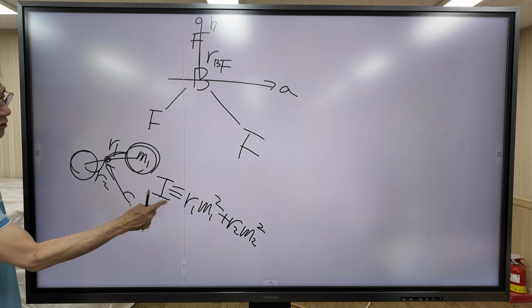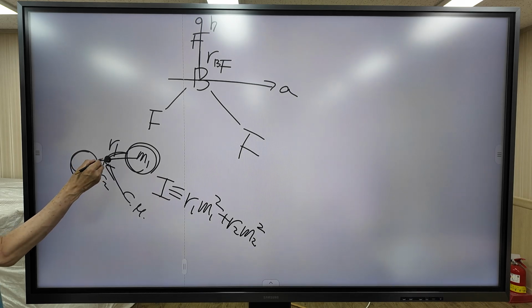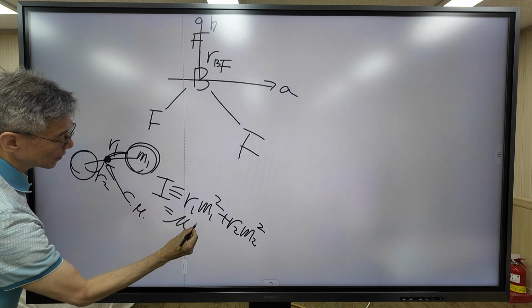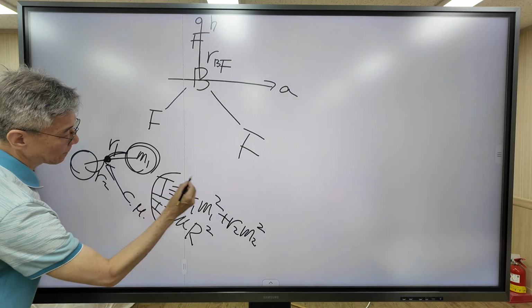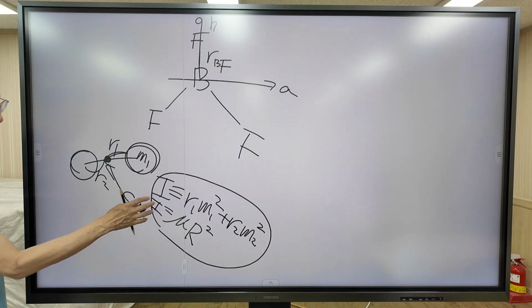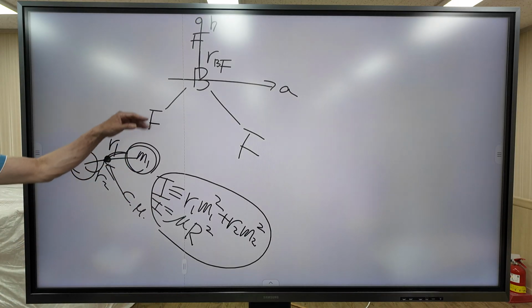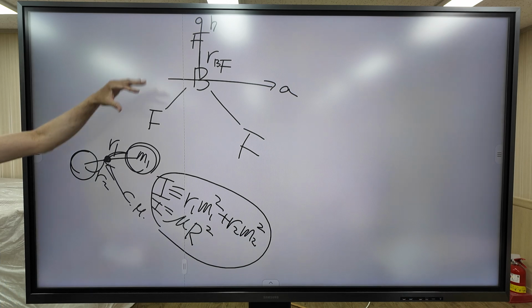This is the definition of moment of inertia. And using the fact that the center of rotation is the center of mass, it is simplified into this form. Using this definition, I'm going to calculate the moment of inertia of BF3 about each axis.